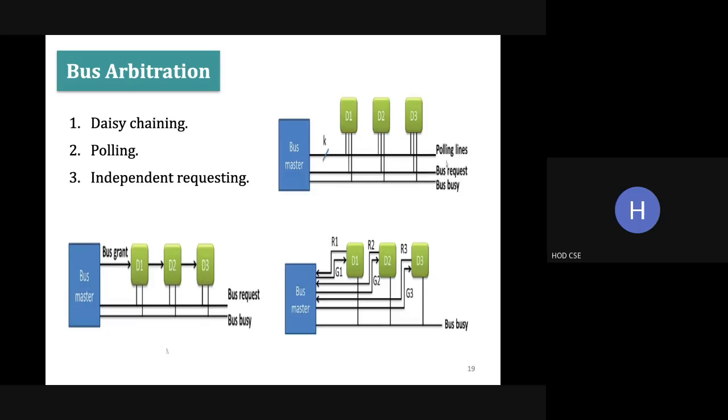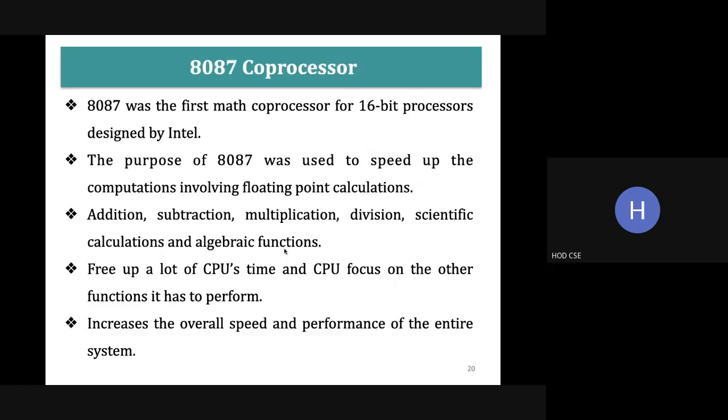You can follow that. So next one, let's see the coprocessor 8087. This is the first math processor for the 16-bit processor. For 8086, the math processor is 8087. Its purpose is to speed up the calculations involving floating point.